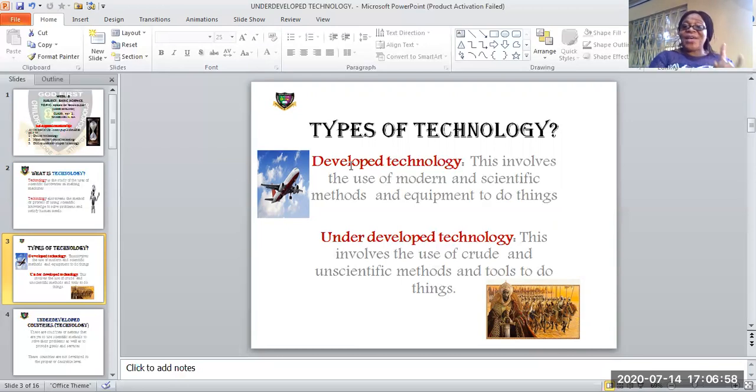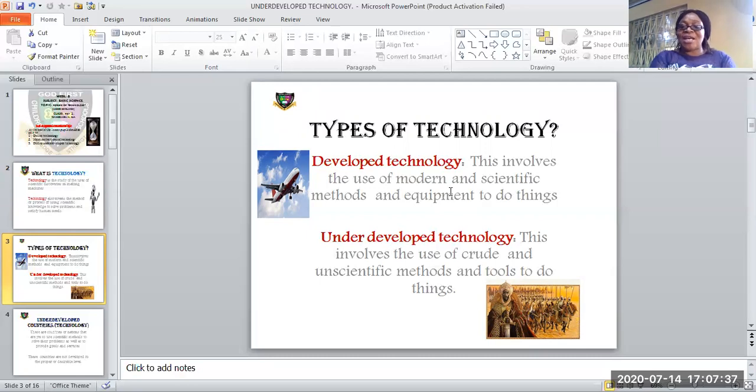My dear, developed technology involves the use of modern and scientific methods and equipment to do things. Scientists use scientific knowledge to create machines, and those machines are equipment that have the ability to solve human problems.